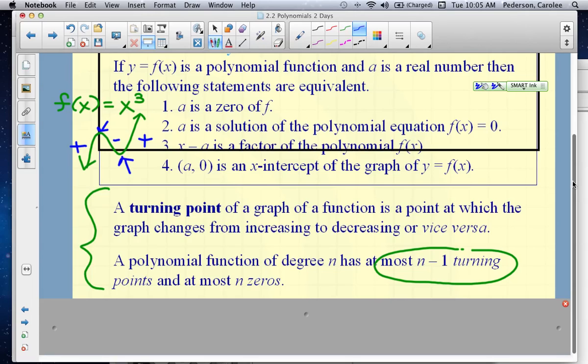The second part, which we do talk about in Algebra 2, is you can have at most n zeros, which leads us to x-intercepts. That's the important key to graphing, is finding those x-intercepts. So since my degree is 3, how many x-intercepts can I have?